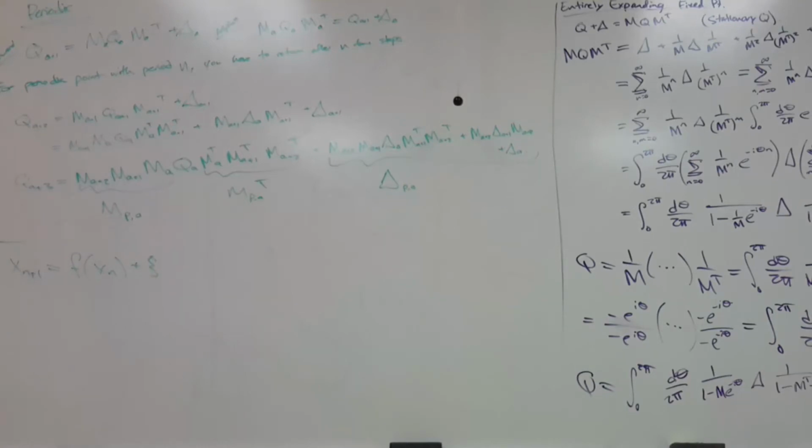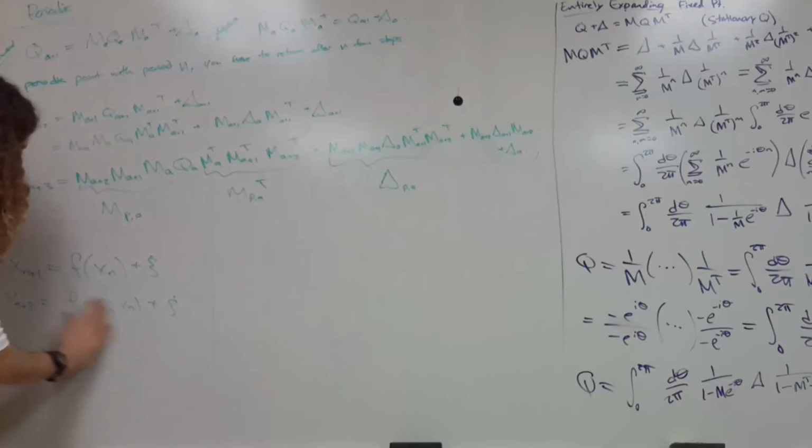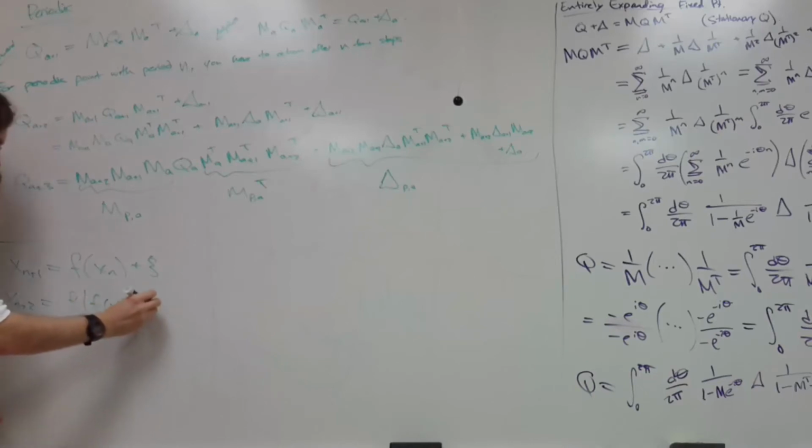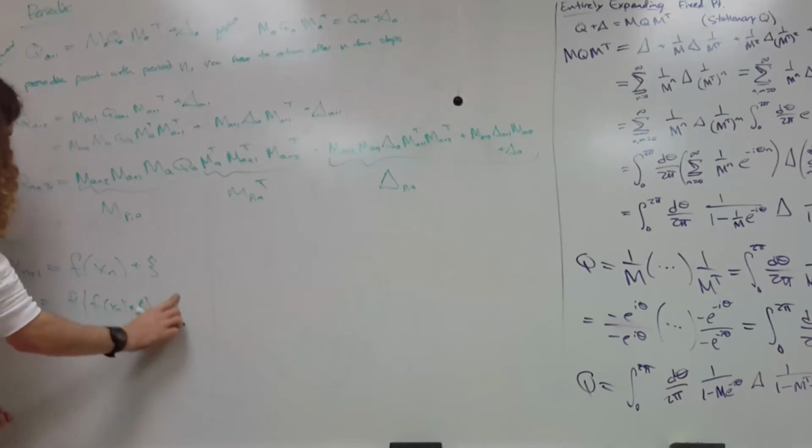Right, so we have this, and you're saying x n plus 2 is something like this. The problem with this is we forgot the psi in the first term.